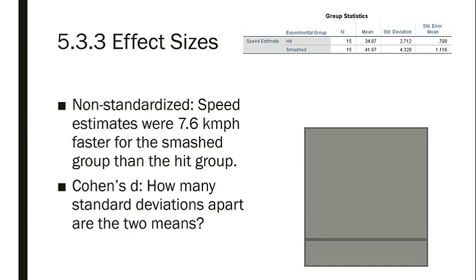But now we have a problem because we've got two standard deviations. So which standard deviation do we use? Well, we've concluded that the two standard deviations are not statistically significantly different. So some people will say, well, just use the larger one because that gives you a smaller effect size.